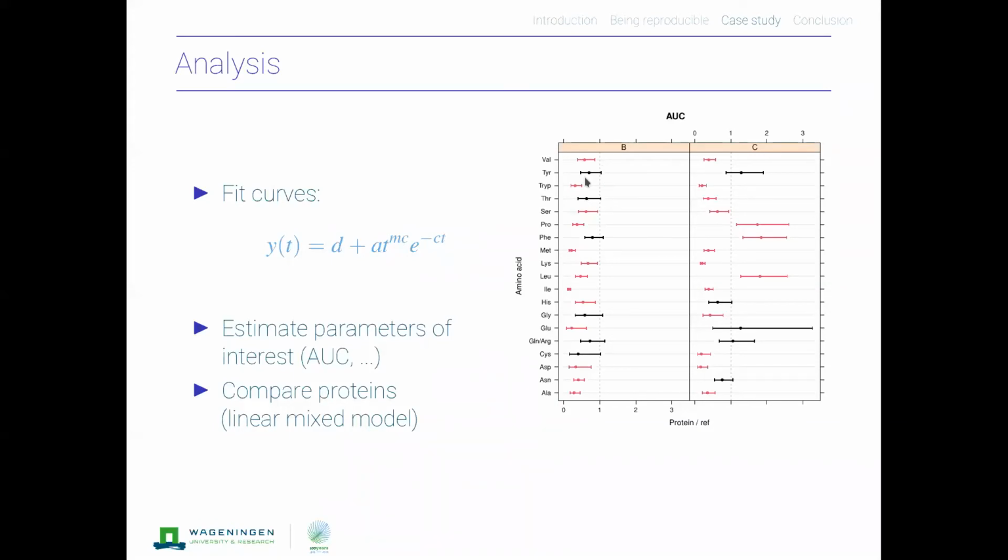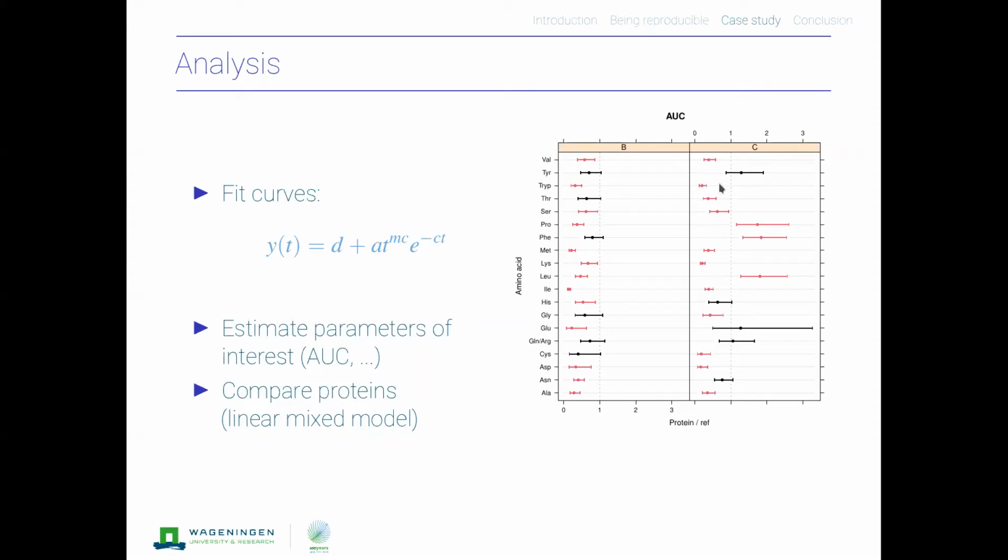And here we have the confidence intervals that go with it. Any confidence interval that doesn't include the reference line of 1 is indicated in red. So you see that for the vast majority of amino acids, the uptake of protein B is lower than the reference protein.